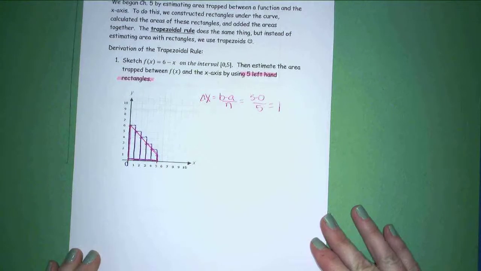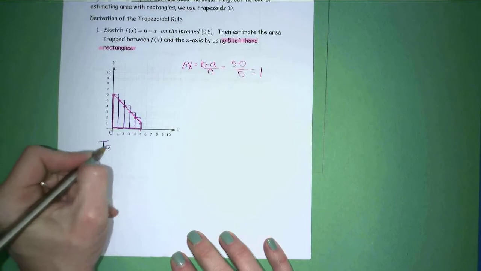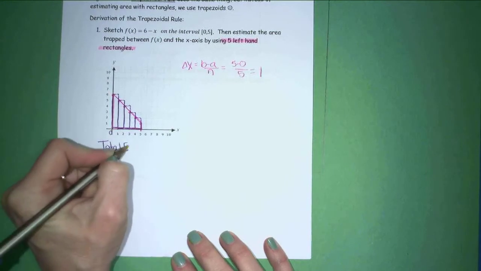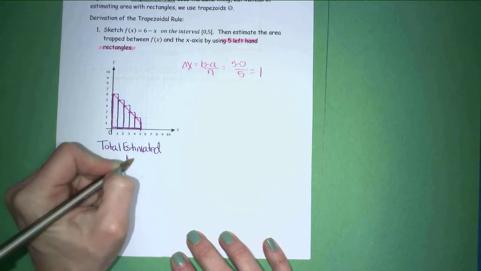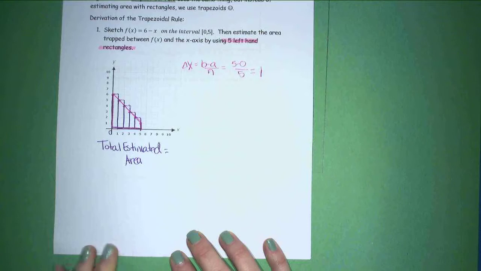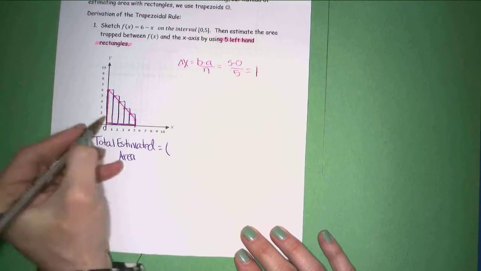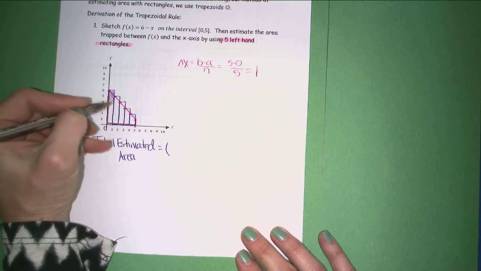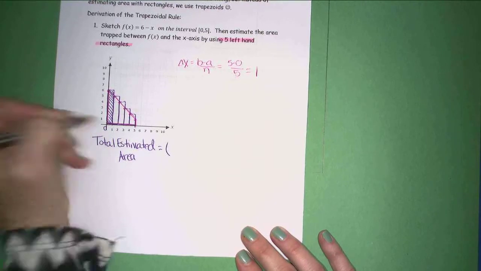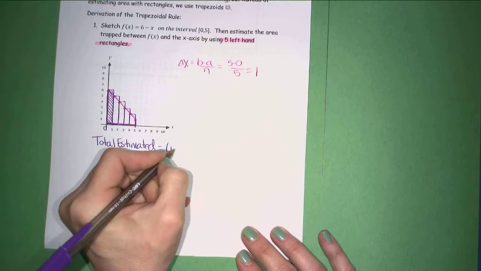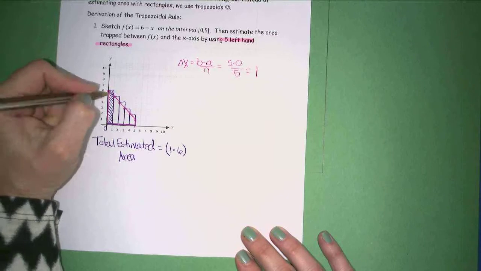Okay, so my total estimated area is going to look like the following. Well, first, we know our first rectangle here has a delta x here, or a base length here, of 1, and a height of 6. So I'm taking 1 times 6.